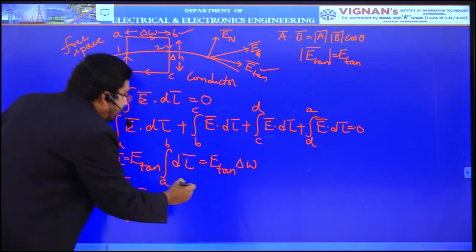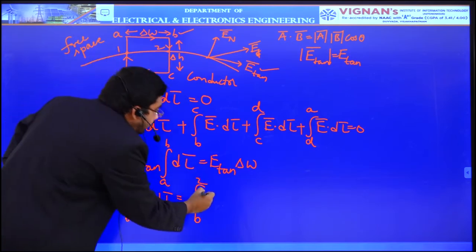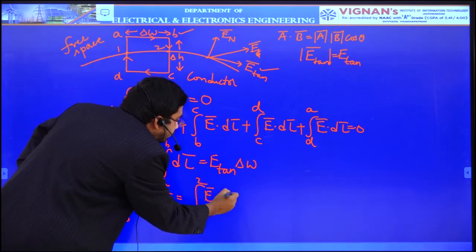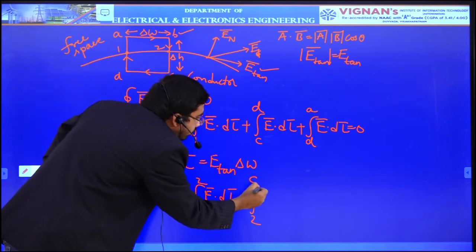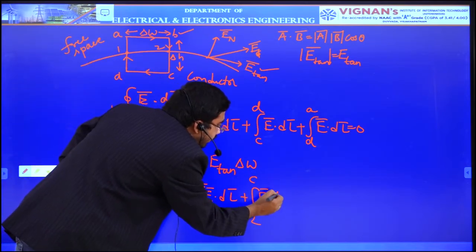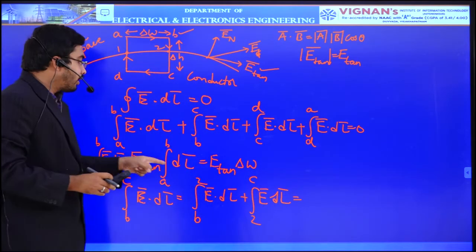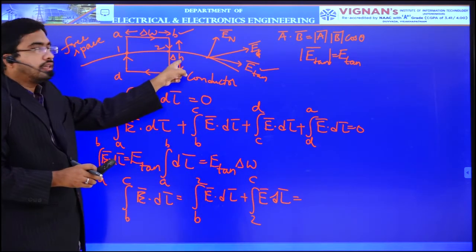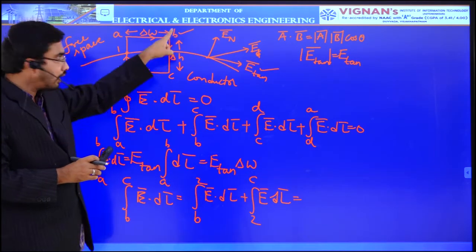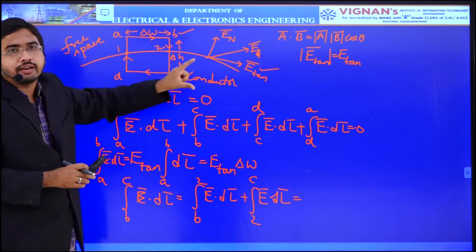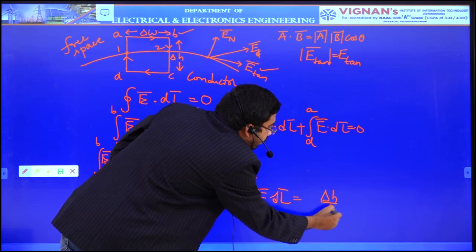So you can split this integral as integral from B to 2 E bar dot dl bar, and 2 to C E bar dot dl bar. Okay. Now from B to 2, what is the dl bar that you are covering? Total length is delta h, total height. From B to 2 means only half. So that dl bar is equal to delta h by 2.